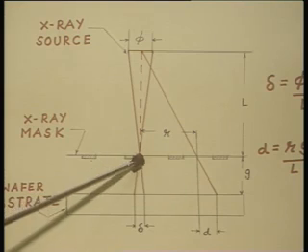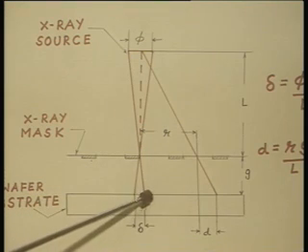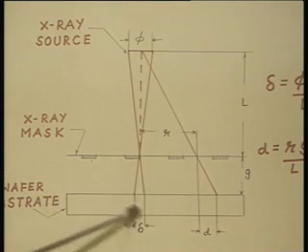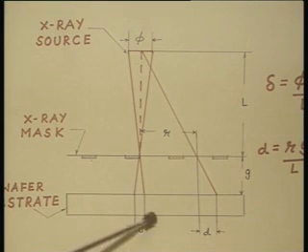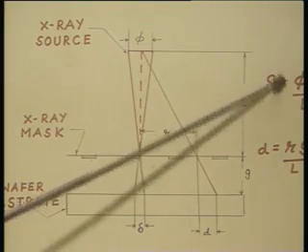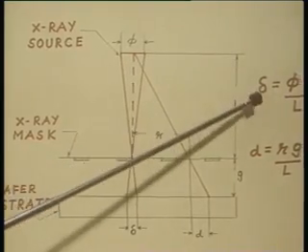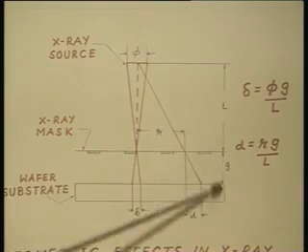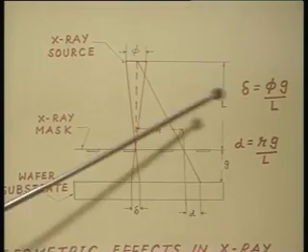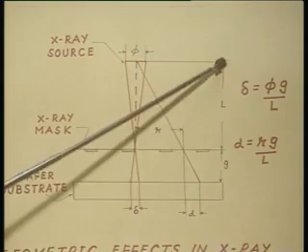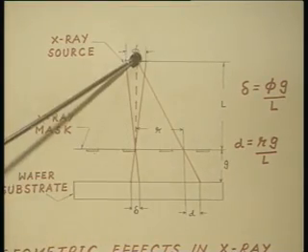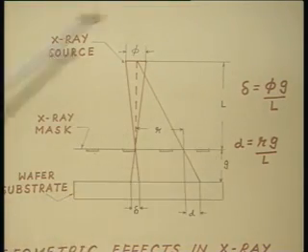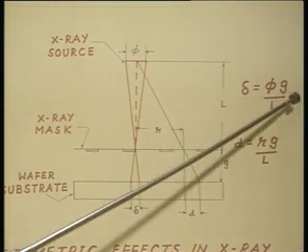Instead of getting the image as a point, we obtain a penumbral blur of dimension of the order of delta. And it can be shown from geometrical consideration that this penumbral blur delta is dependent on the separation of the mask and the wafer. It is dependent on L, that is the distance of the X-ray source from the mask, as well as on the X-ray beam diameter.